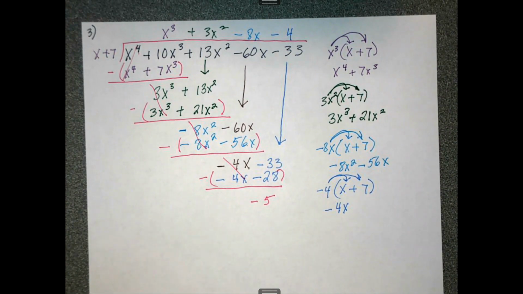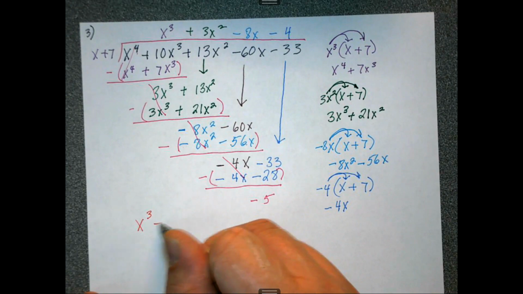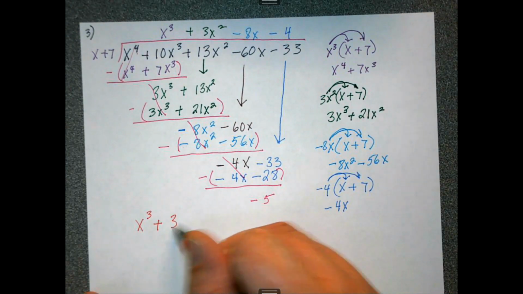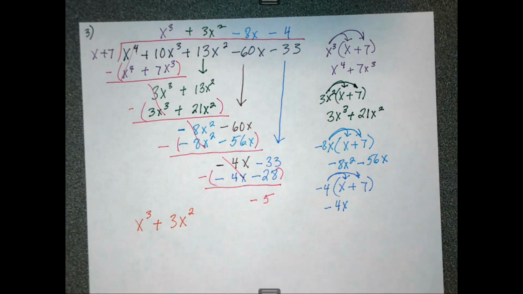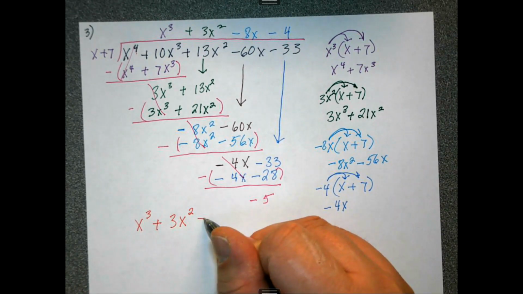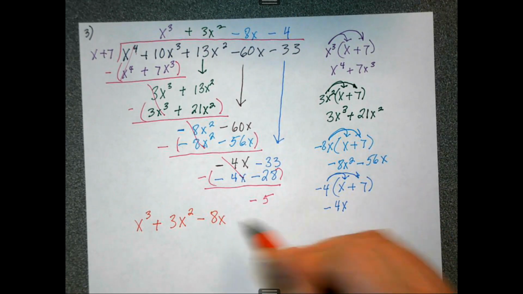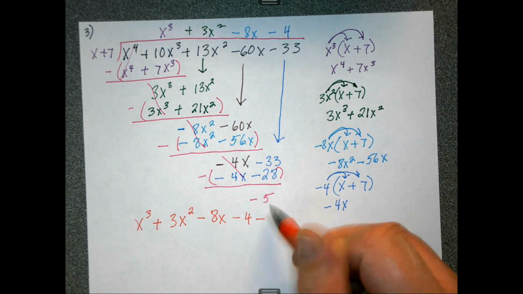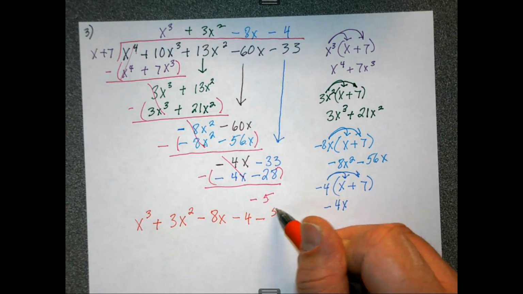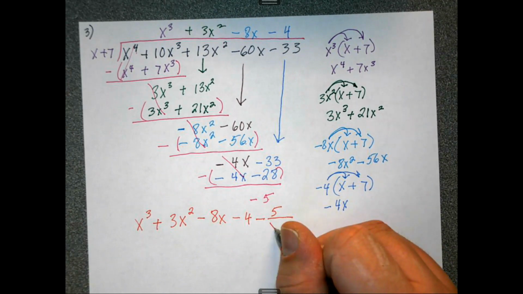So my answer: x cubed plus 3x squared minus 8x minus 4 minus my remainder 5 divided by x plus 7.